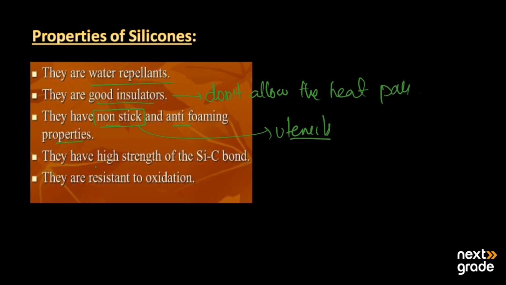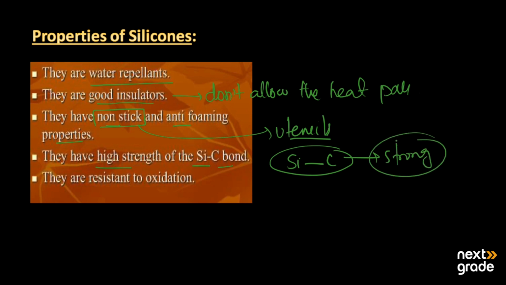On the other hand, they have a high-strength silicon-carbon bond. When silicon joins with carbon, that bond is very strong and has high strength. Last one, they are resistant to oxidation.